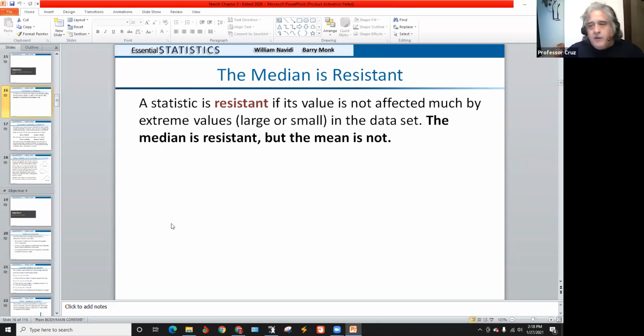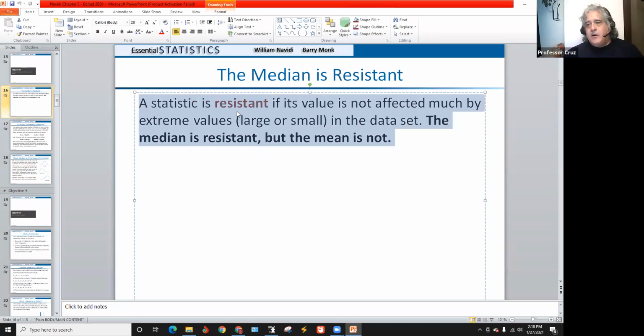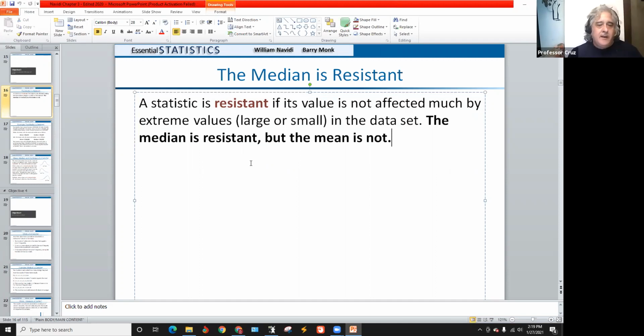Well, first of all, the median is what we call resistant, and the mean is not resistant. So what that essentially means is that when we calculate a mean, and you all know about this, because if you had 5 test scores and 4 of them were in the 80s range, and then one of them you had a bad day and it was a 20 something, when you add up all 5 of those grades and divide by 5, that low grade skews the data down.